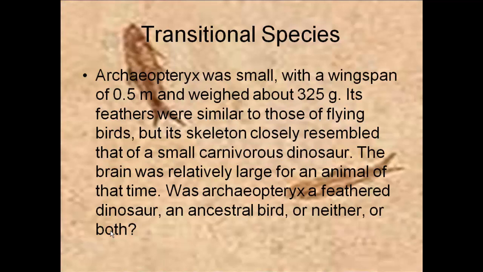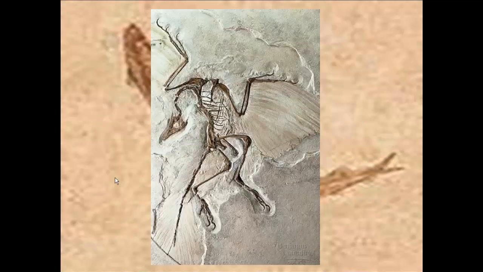Was Archaeopteryx a feathered dinosaur, or an ancestral bird, or neither, or both? So let's look at that picture. That's sick. The skeleton resembles a small carnivorous dinosaur. It died, and it's just fossilized.